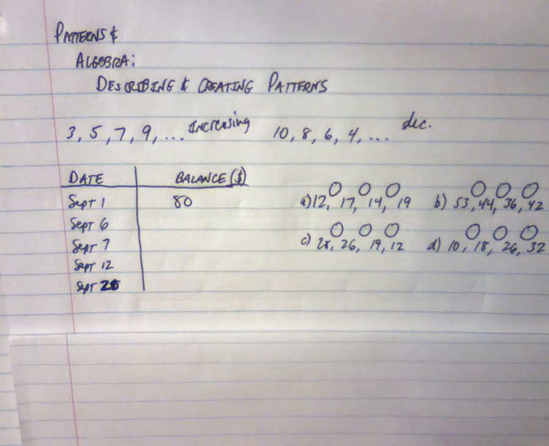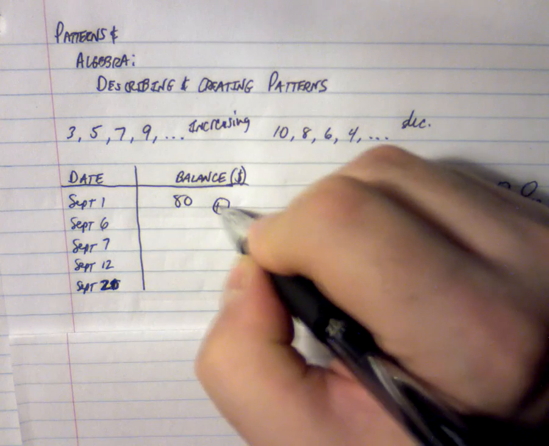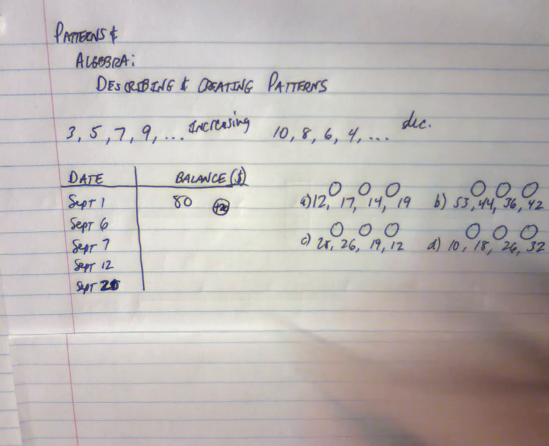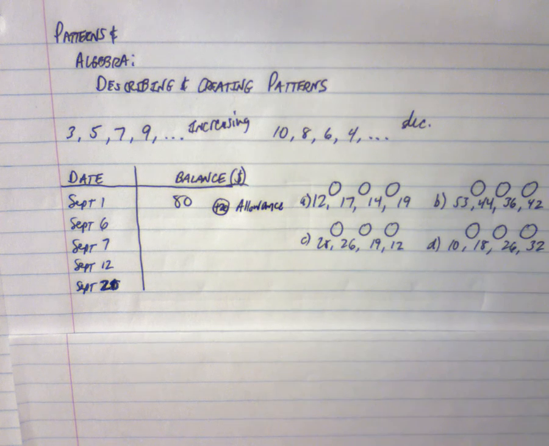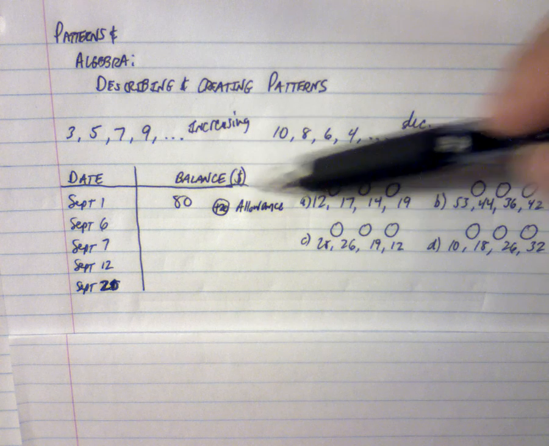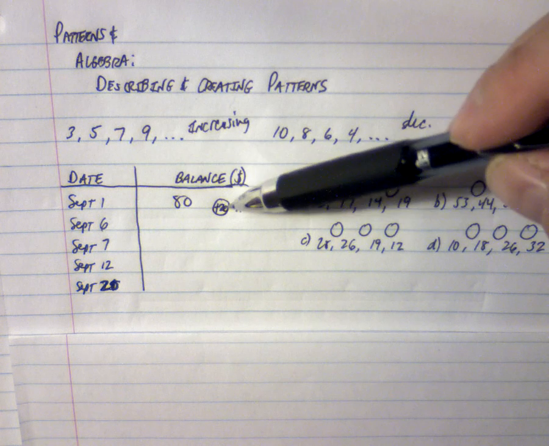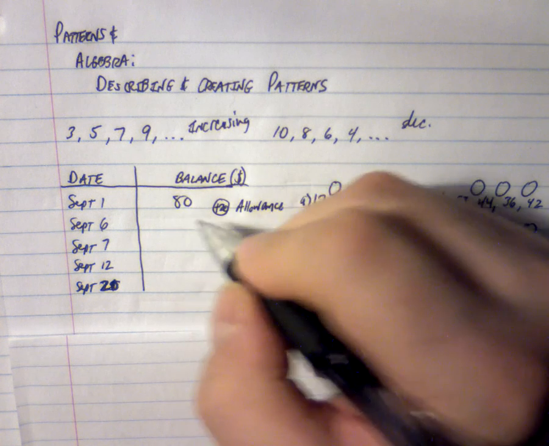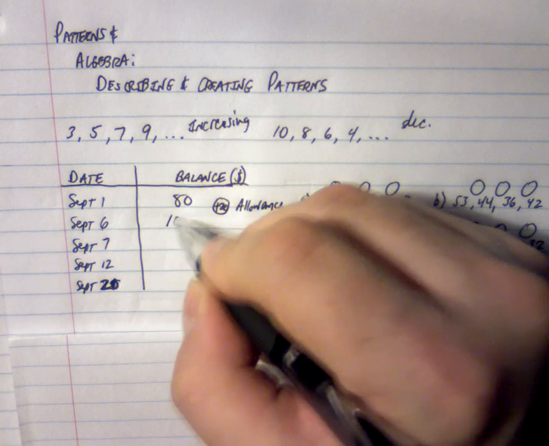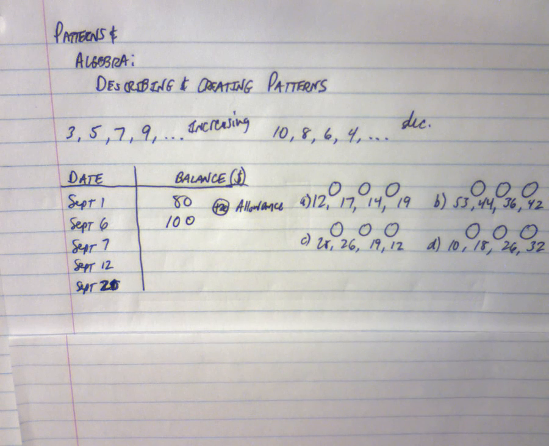It's every 2 weeks. So he's going to get his allowance plus 20. So when he has $80 to start with, he gets his allowance of $20. How much is Bob going to have in his account on September 6th? Because he gets his allowance on September 6th, he's got 80 plus 20, which is 100.